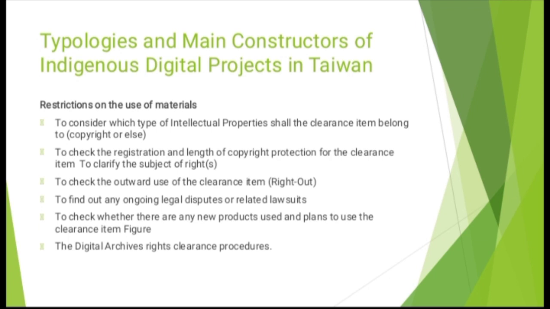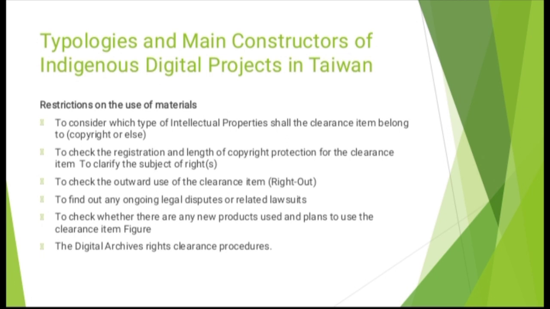Technologies and main construction of indigenous digital projects in Taiwan. There are six restrictions on the use of materials. The first is to consider which type of intellectual property the clearance item belongs to, copyright or else. Step 2 is to check the registration and length of copyright protection for the clearance item to clarify the subjects of right.